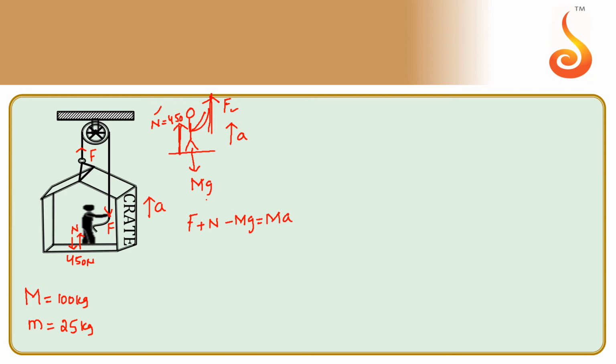F we don't know, we need to calculate, plus normal is 450 minus mg. Mg is nothing but his weight, which is 1000 newtons, is equal to 100A.